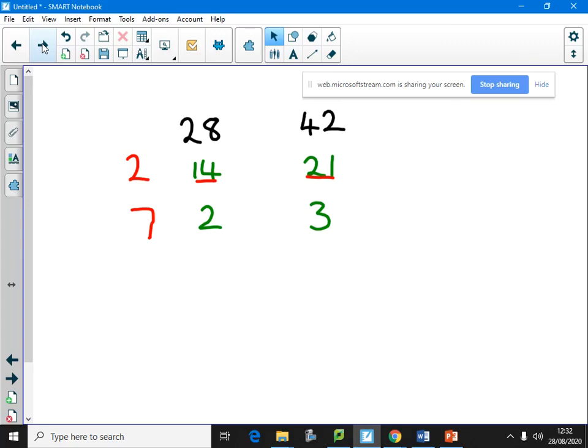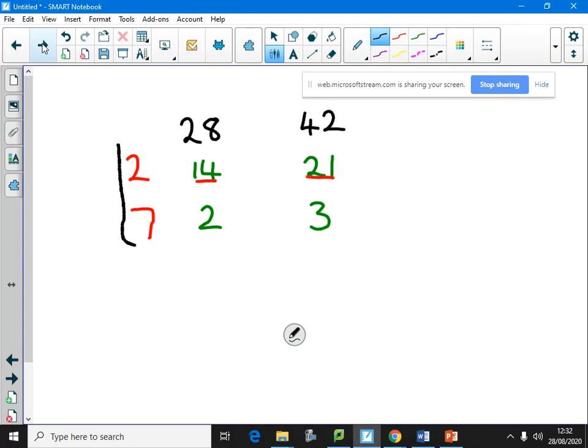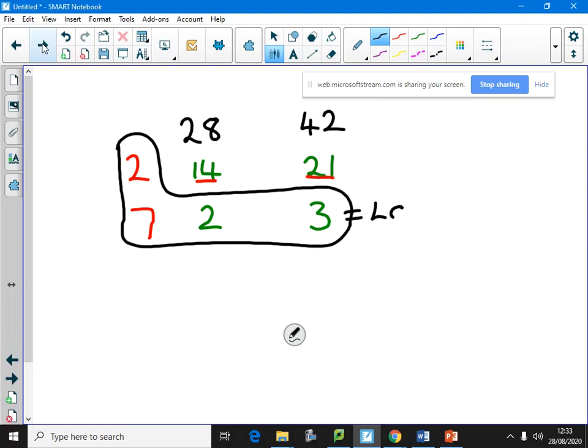Get your pen, start from your thinking numbers, and just using the last row, make your L. Which ones are LCM? Lovely, it makes the L. LCM equals 2 times 7 is 14, times 2 is 28, times 3 is 84.